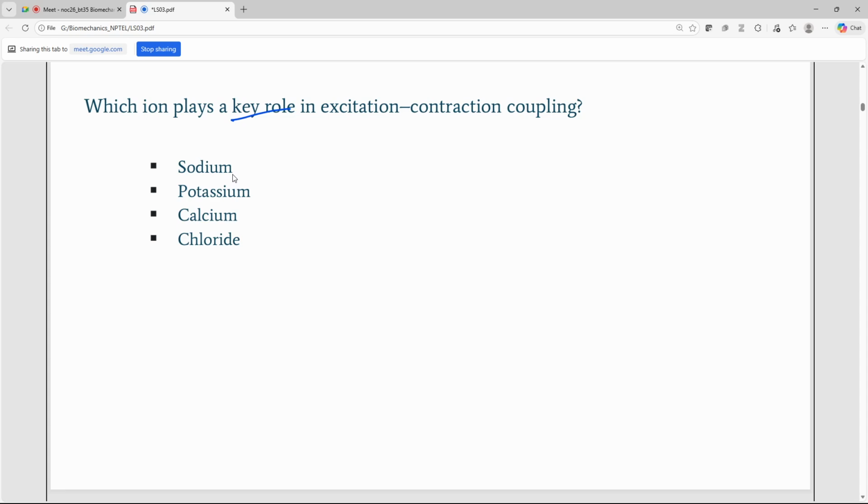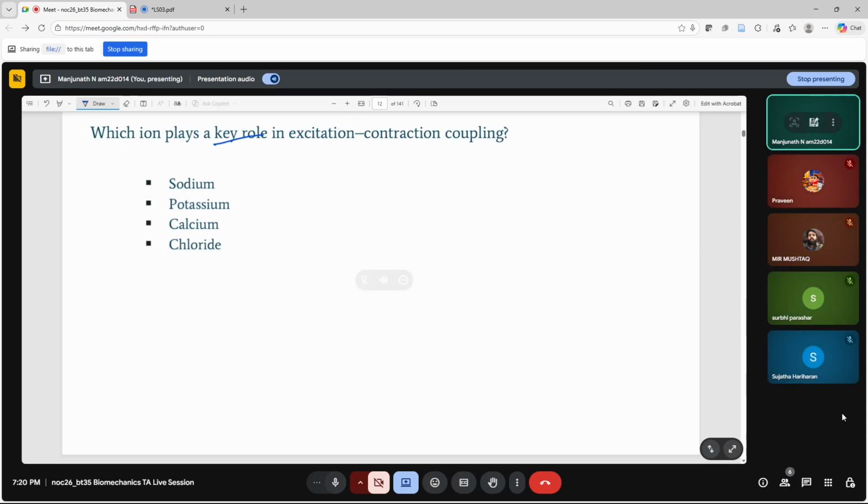Here the options are a little easier, but you know there is more than one ion in play in excitation contraction coupling, so sometimes it can become difficult also. So which ion plays a key role in excitation contraction coupling? You can just inbox the answers.